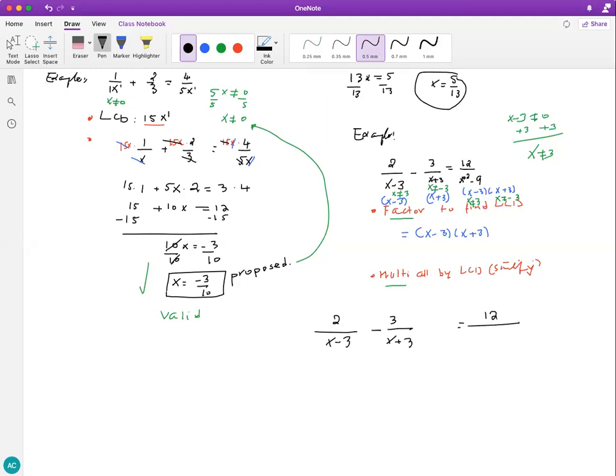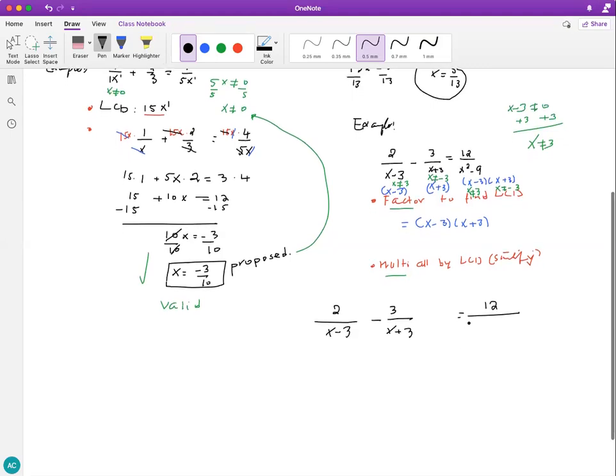Okay, 12 over x squared minus 9. Instead of that, I'm going to use the factored form. That's better, especially when you're simplifying rational expressions as we saw before. We factor first, then cancel out any common factors. Okay, so all I did was rewrite the equation here with the denominator factored.